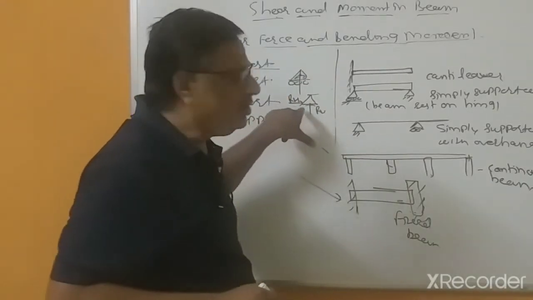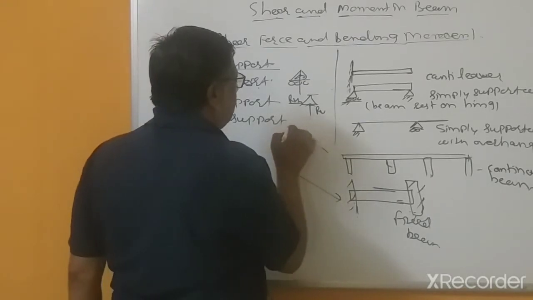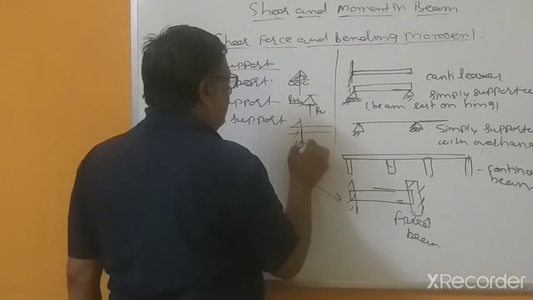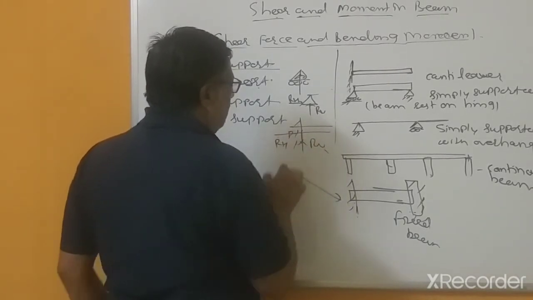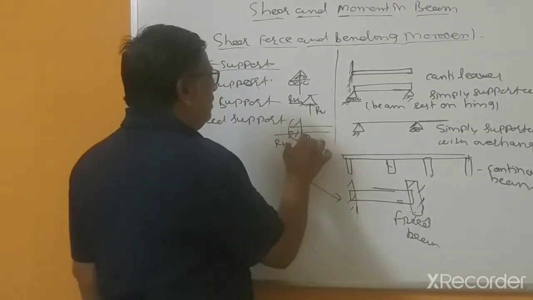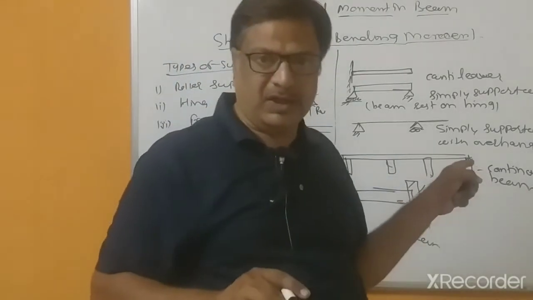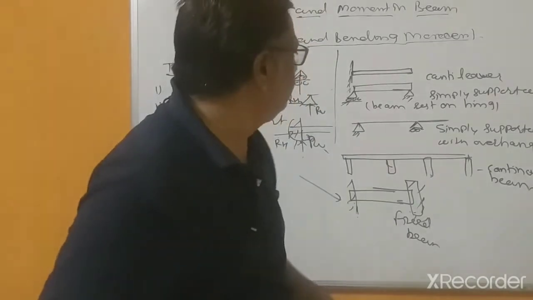In the hinge case, both horizontal and vertical reactions exist. And in the fixed support, there are a vertical reaction and a horizontal reaction, and simultaneously a couple may be acting. Such types of supports are called fixed supports.